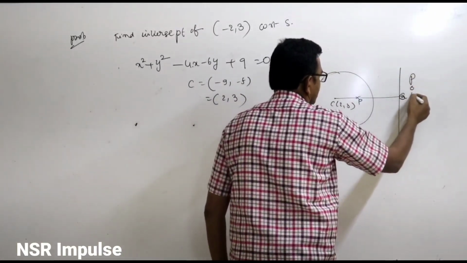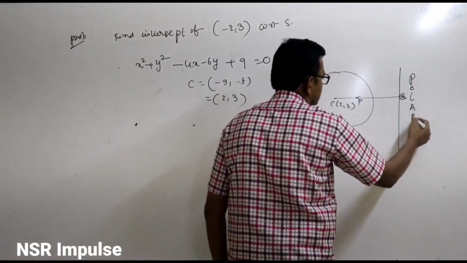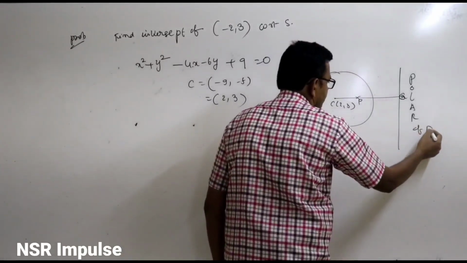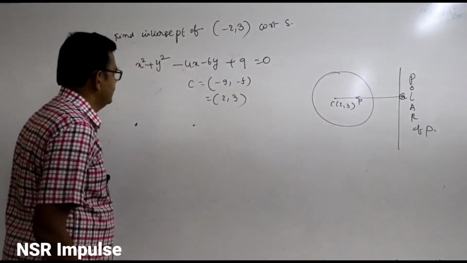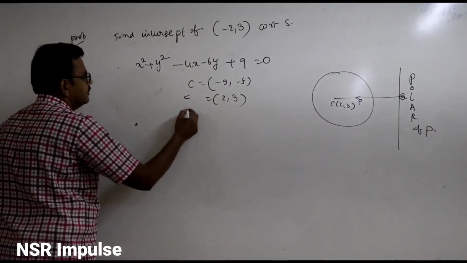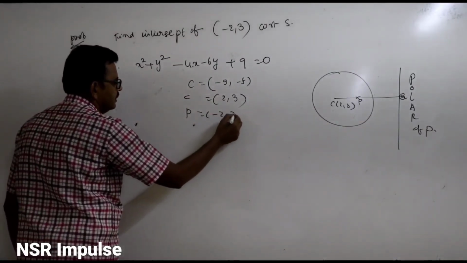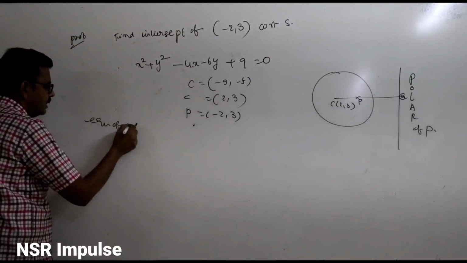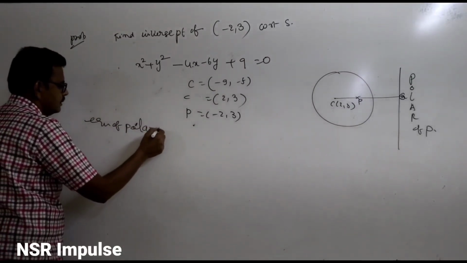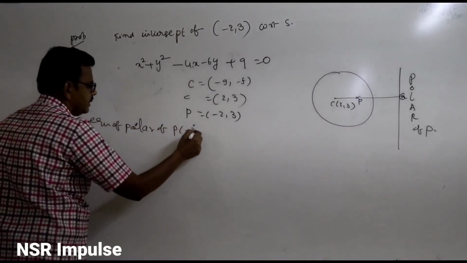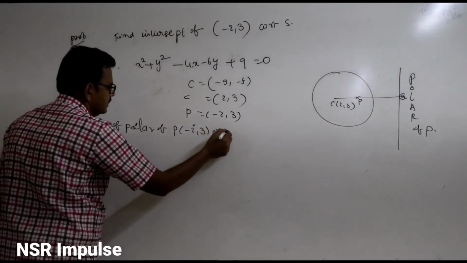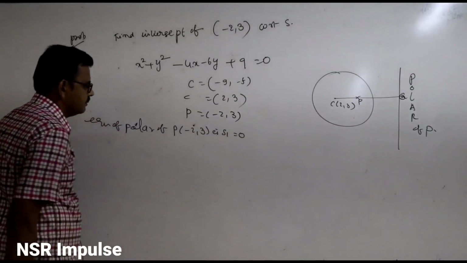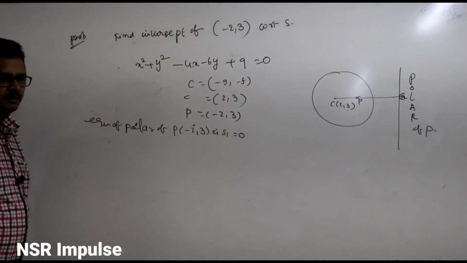This is the polar of the point P. Now the point is minus 2 comma 3. Now the equation of polar of the point P minus 2 comma 3 is S1 equal to 0.